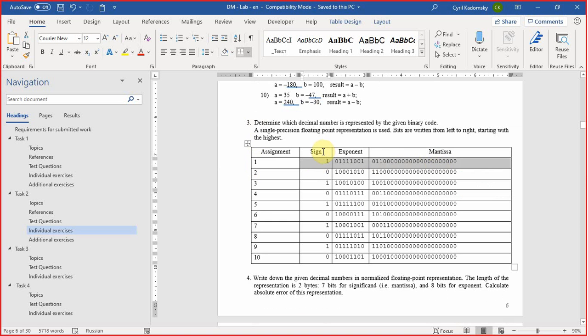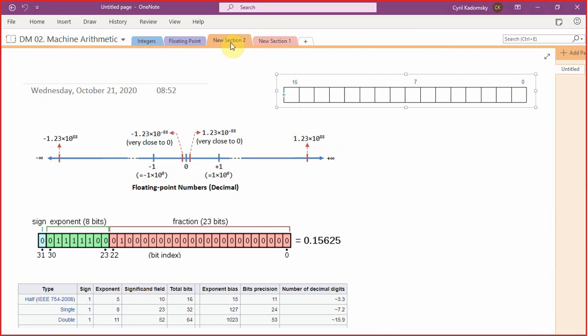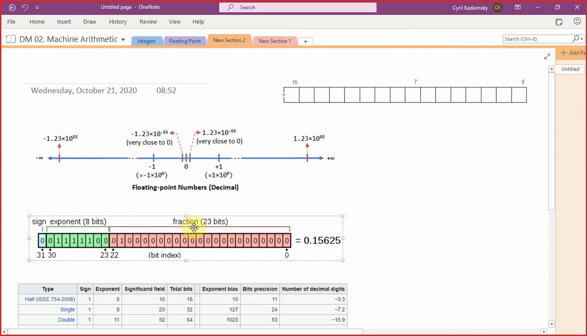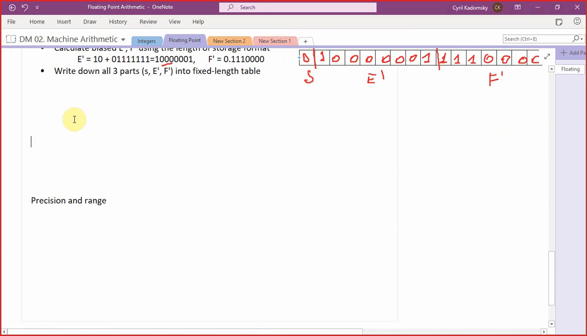Here we have sign, exponent, mantissa, or fraction, and you need to calculate which number it is. Let's have an example for that. For this, I'll also have some ready number, so that it will be clear, visible.